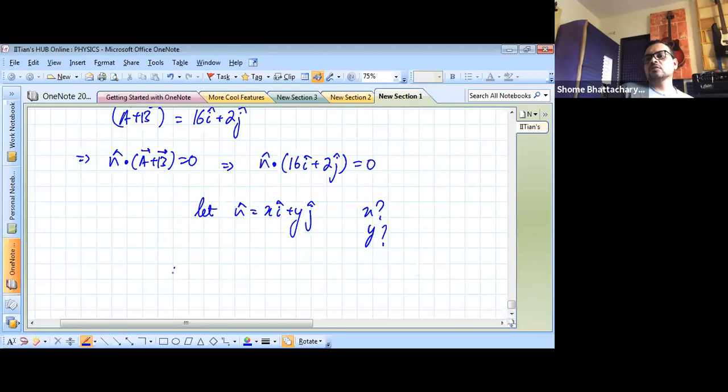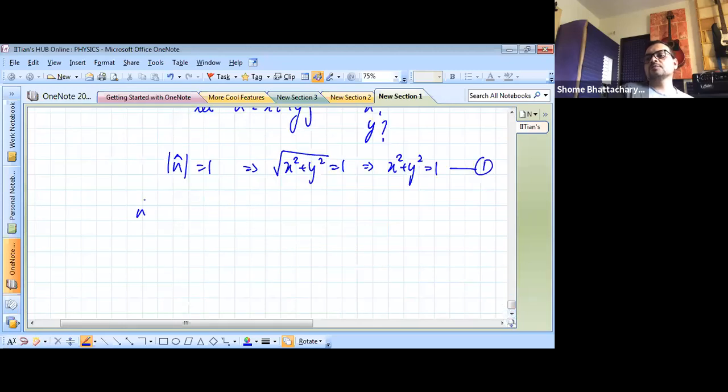So first of all, n cap magnitude should be equal to unity. So that means root of x square plus y square should be equal to 1, which means that x square plus y square should be equal to 1. That's the first thing. And secondly, n cap should be perpendicular to A plus B, or that means the dot product of n cap with A plus B should be 0.